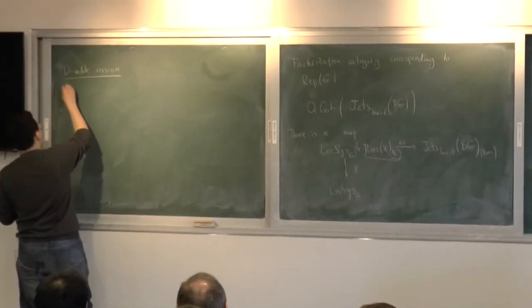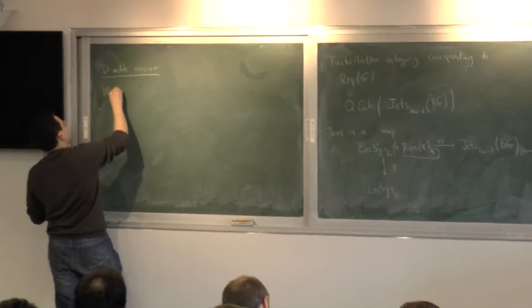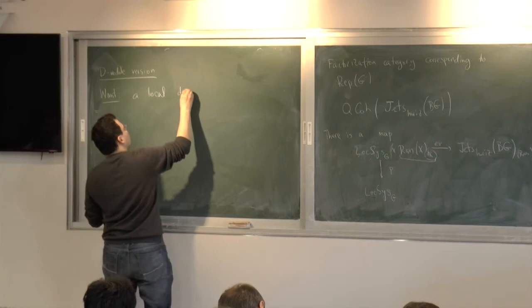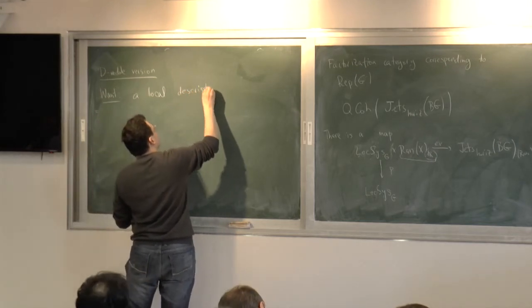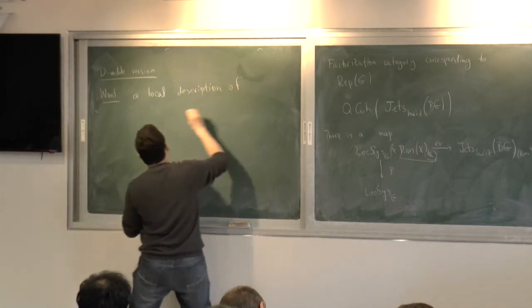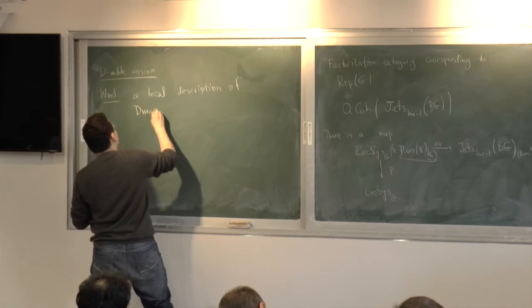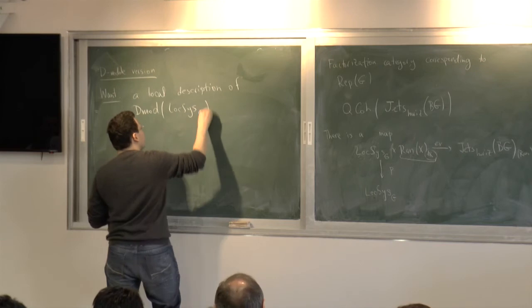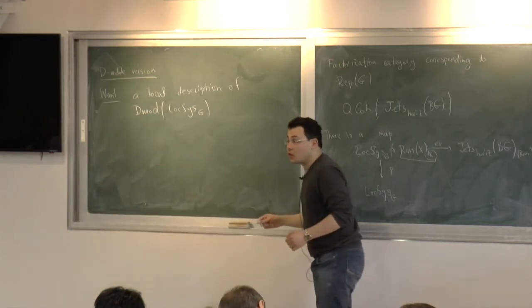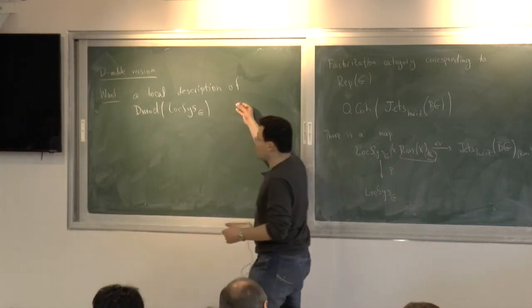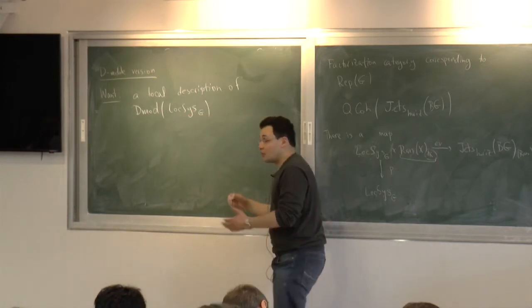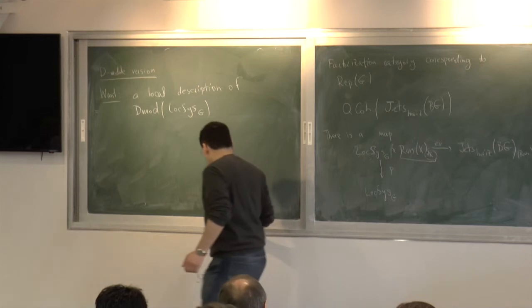So what we'll want is a local description of D-mod of LocSys G. I guess another answer to this question is that there will be a similar local description for G-bundles, and that will come up in another talk.